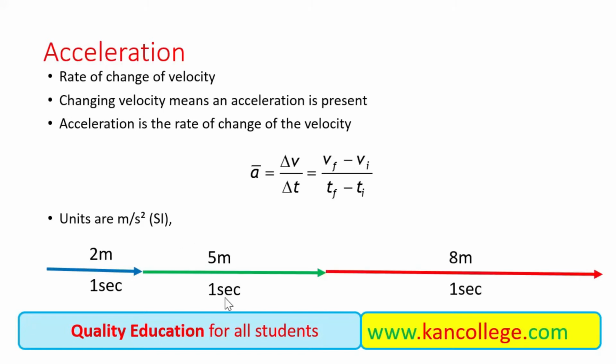In the next second, if it increases its velocity from 5 to 8, then in this 1 second it has increased its velocity by 3 meter per second. So it has an acceleration of 3 meter per second in all seconds. It means in the second second it has an acceleration of 3 meter per second square, and in the third second it also has an acceleration of 3 meter per second square.